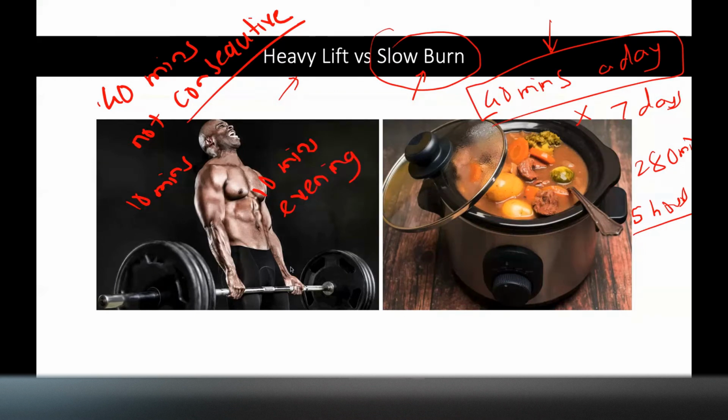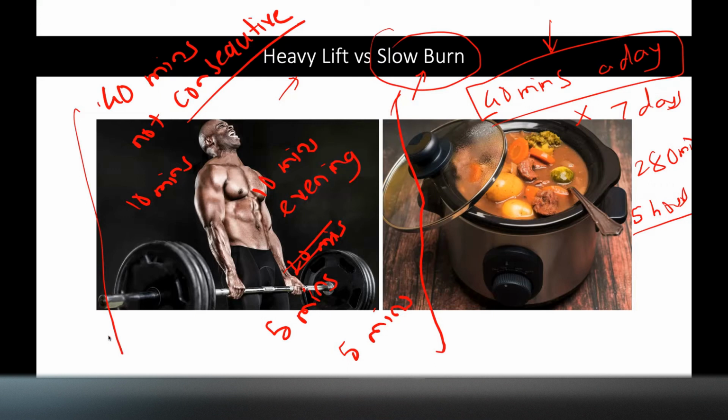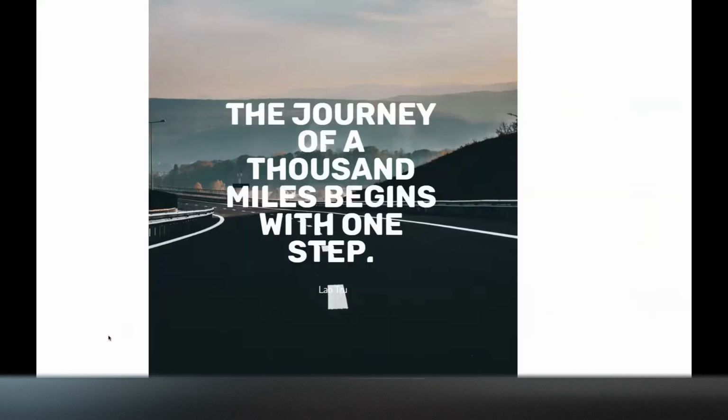Then it could be 20 minutes before you go to sleep, or 5 minutes while you are waiting for a cab, 5 minutes while you are in the bathroom, some stuff like this. We are going to do this slow burn, and we do not need dedicated, continuous, consecutive time. Anytime you want, you can actually do this.